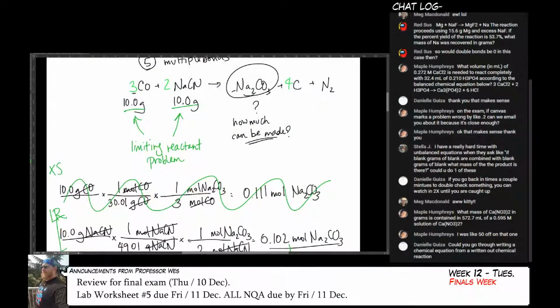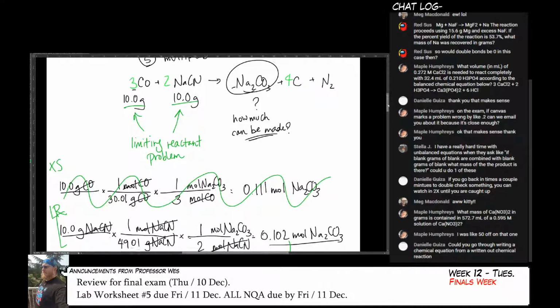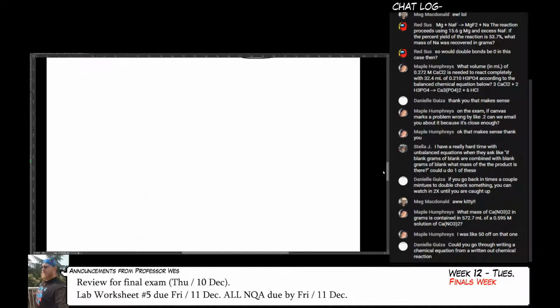That's what I want to click on. Let me just scroll down here. Alright, let's see what we got. What mass of calcium nitrate in grams is contained in this volume of this molarity solution? Let's see here. What I'm going to do is change calcium nitrate to something else. You know what? This is kind of a silly way to do this.